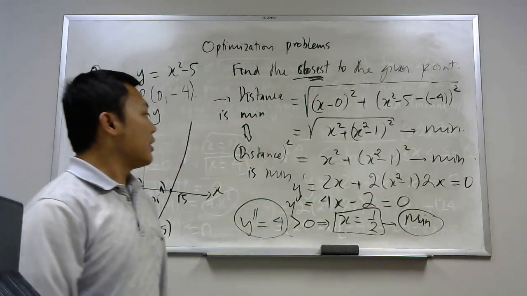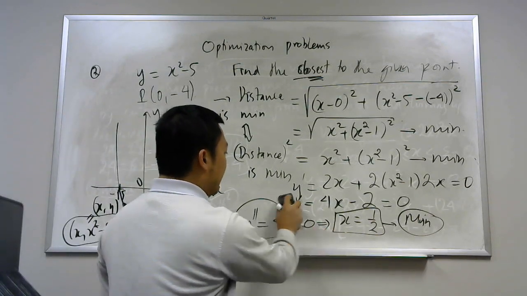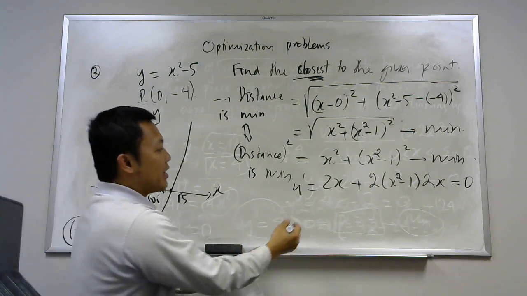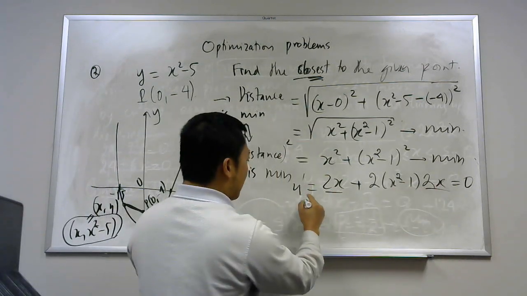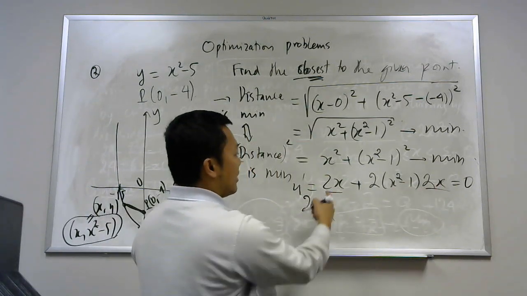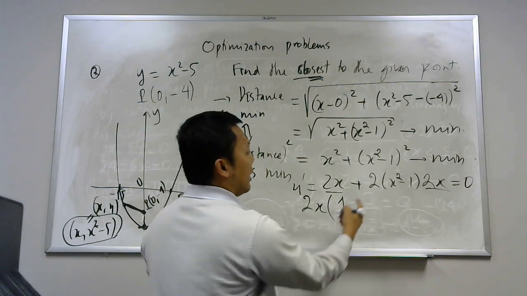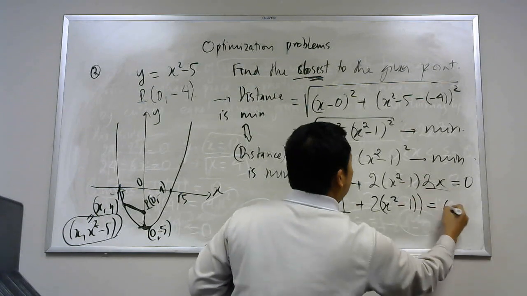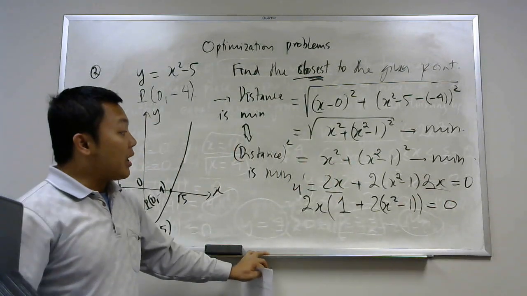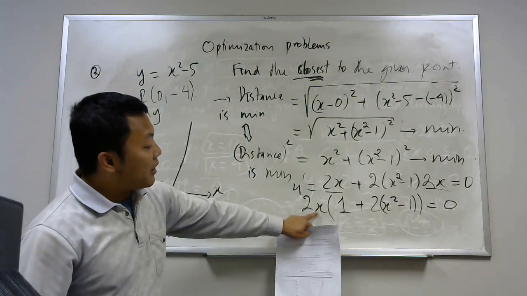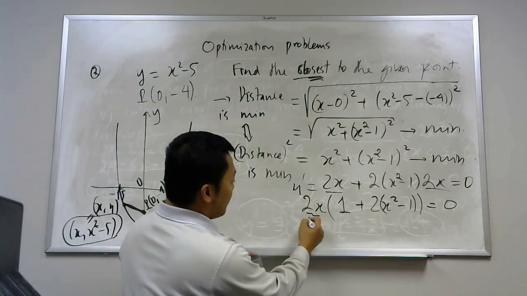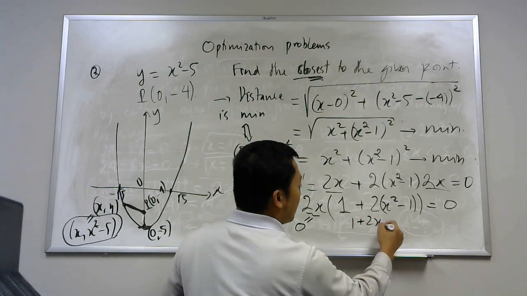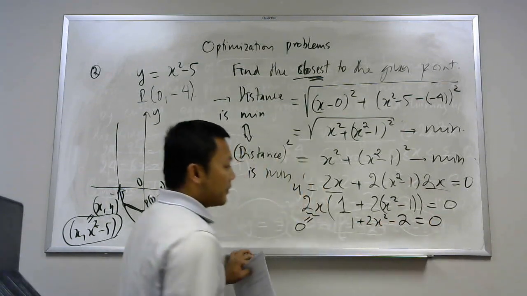I have 0 in here. And in this step, okay, we did not finish this problem at all. So in this step, again, we factor 2x out, right? From here I get 1, and from here I get plus 2x squared minus 1 equal to 0. You see? And here I have x equal to 0, right? And from here I get 1 plus 2x squared minus 2 equal to 0.